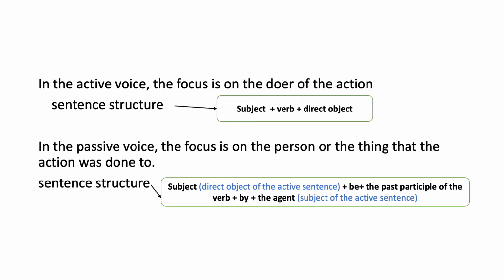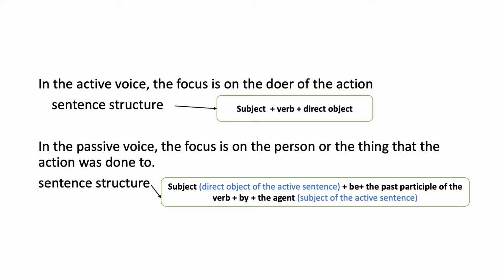then we have to be plus the past participle of the verb, plus by plus the agent. The by-agent you cannot find regularly. What is most important is the subject, be, and the past participle of the verb.